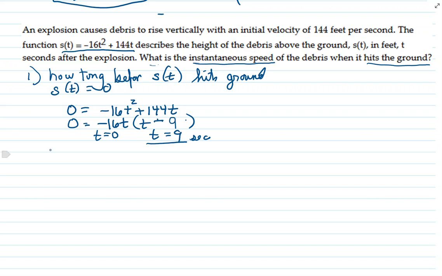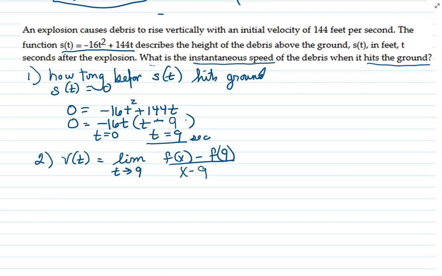So we now want the derivative, because we want the instantaneous, so we want the velocity of that. Here we go. So we know that's the limit as t approaches 9 seconds of f of x minus f of 9 divided by x minus 9.